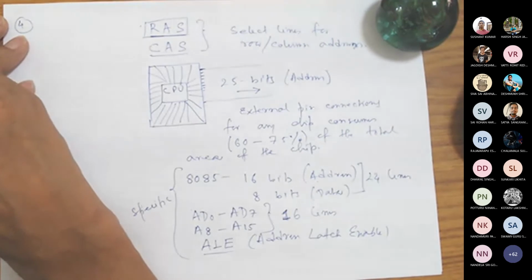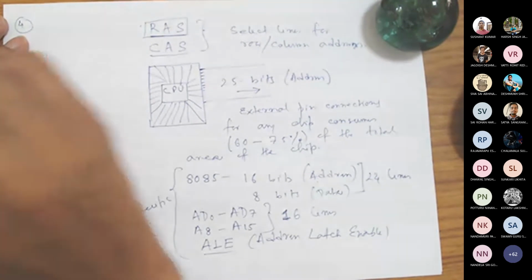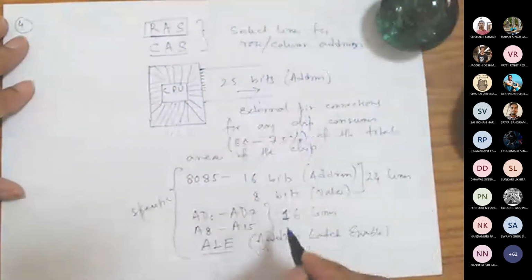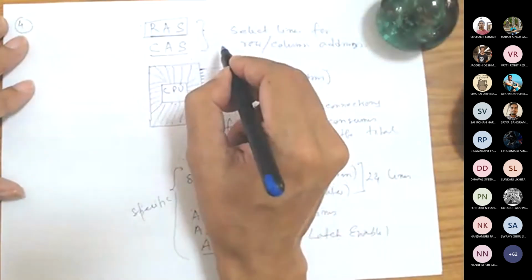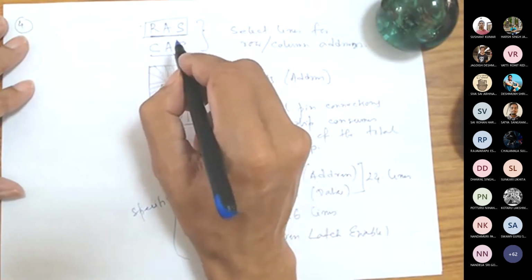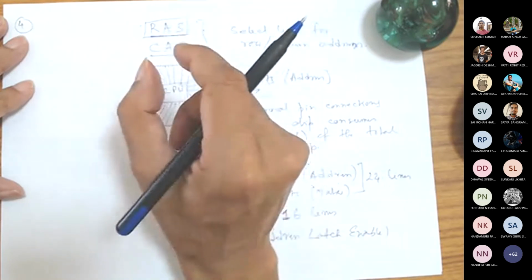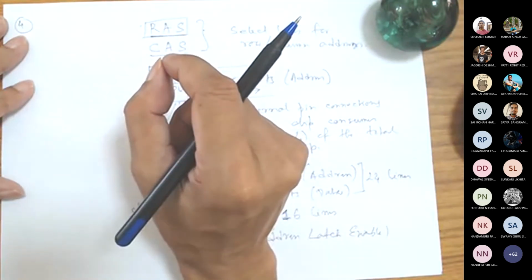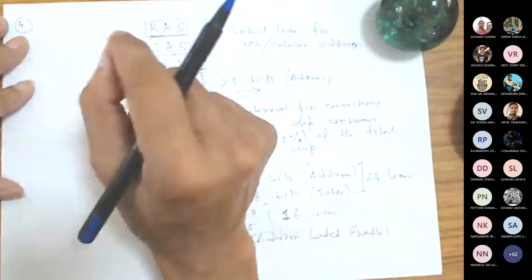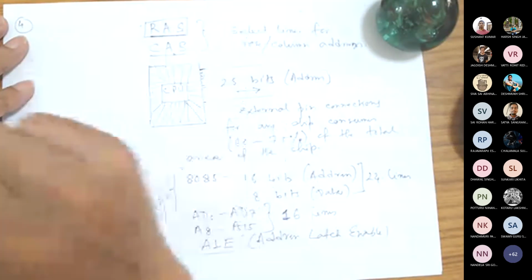Based on this, the appropriate group of 8 sense/write circuits is selected. Because there are 11 lines in CAS, there are 2048 groups. Out of these 2048 groups, one group is selected. Every group contains 8 sense/write circuits, because this is 8-bit.